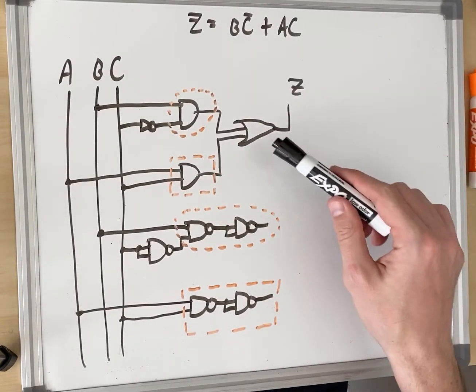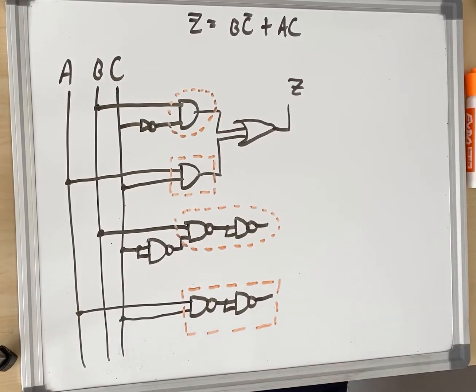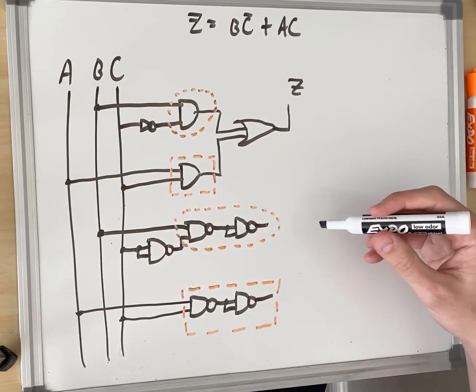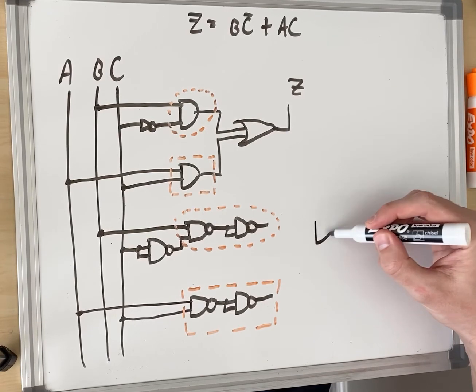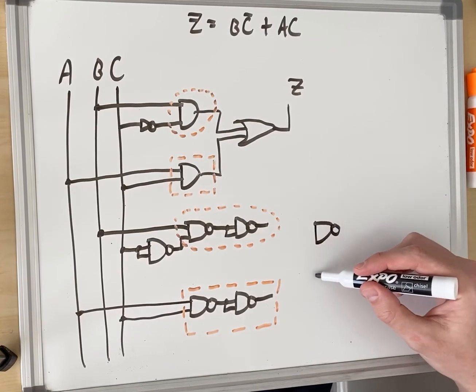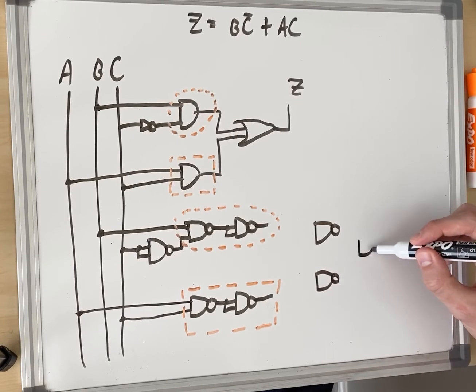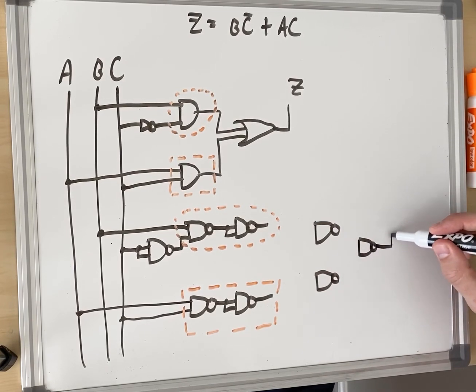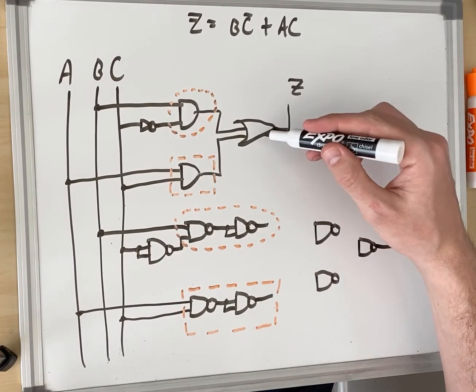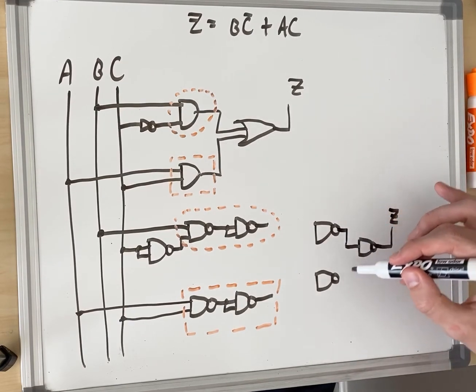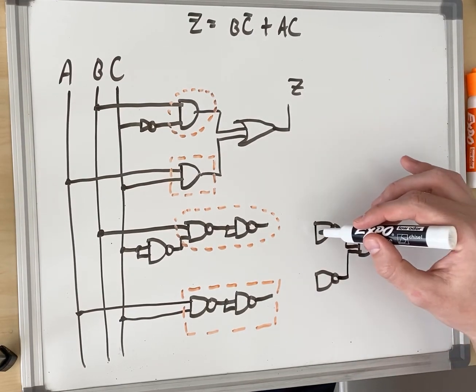The last thing we need to do is draw our OR equivalent. So I'll draw this out here. Remember, ORs have 3 NAND gates. And this will go to Z, just like this does.